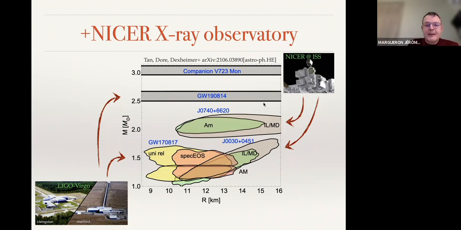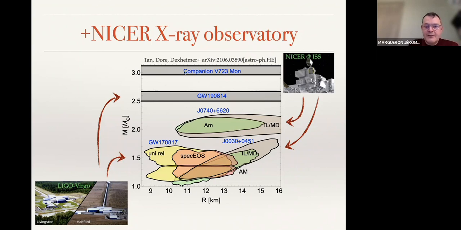space station. This is a very nice figure, mass over radius, which has been published by Tan, Dor, Dexheimer, and others recently, where they summarize the present uncertainties about observations.